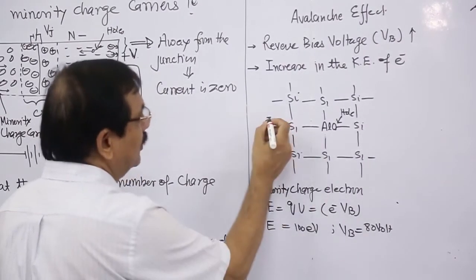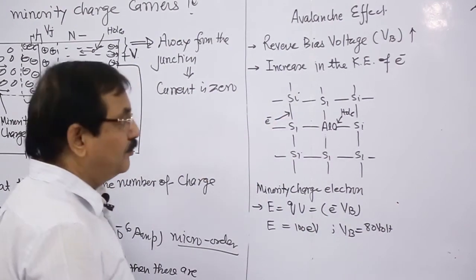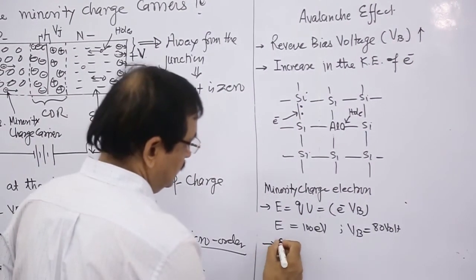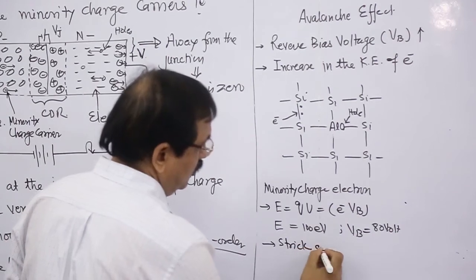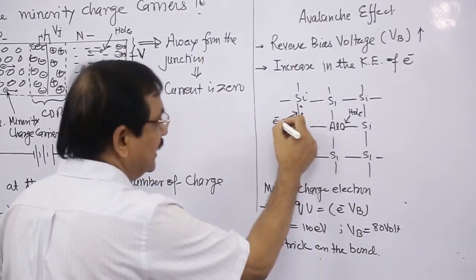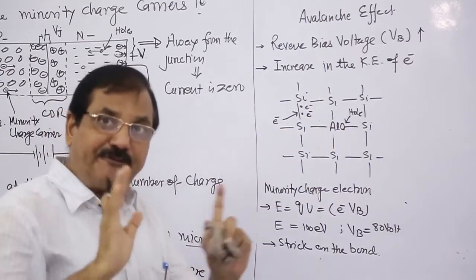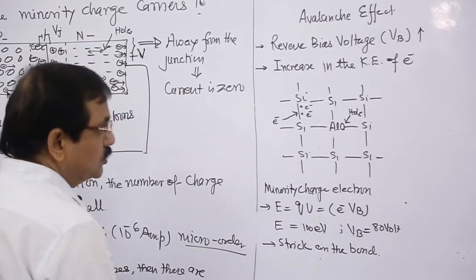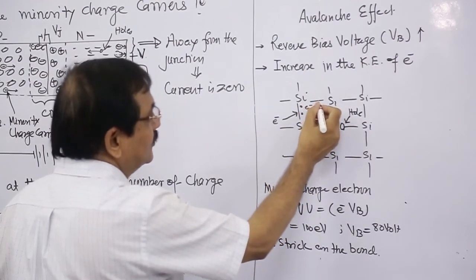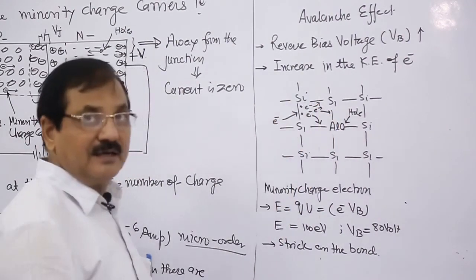And this 100 electron volt energy strikes on the bond, these two shared bonds, and along with this electron, these two electrons are made free. So, there are 3 electrons, and these 3 electrons strike 3 different bonds.